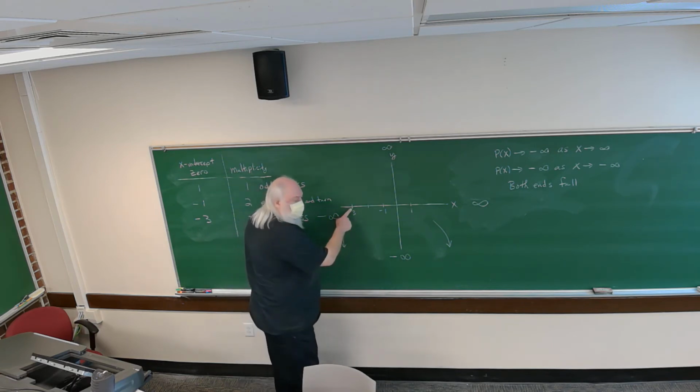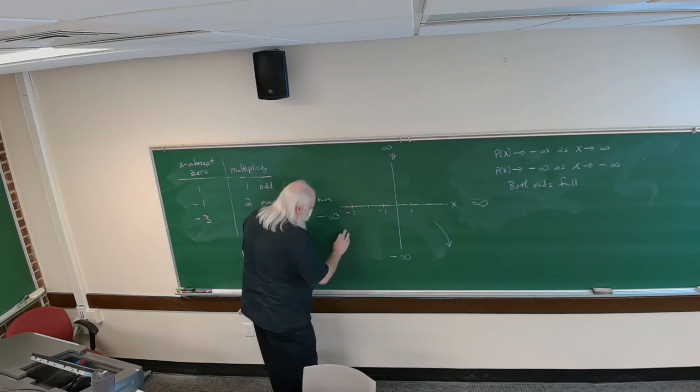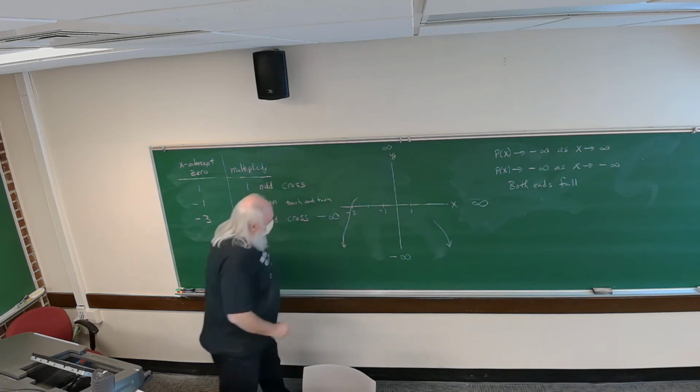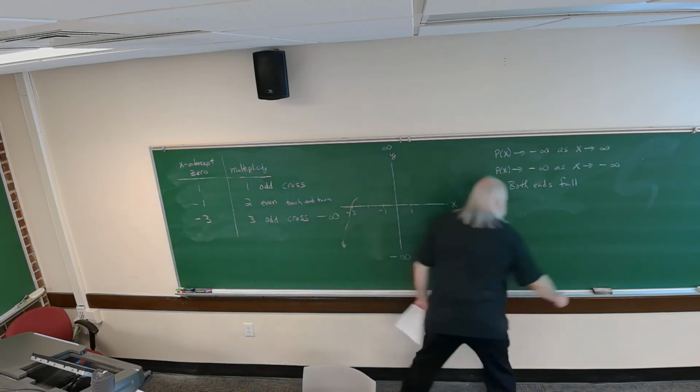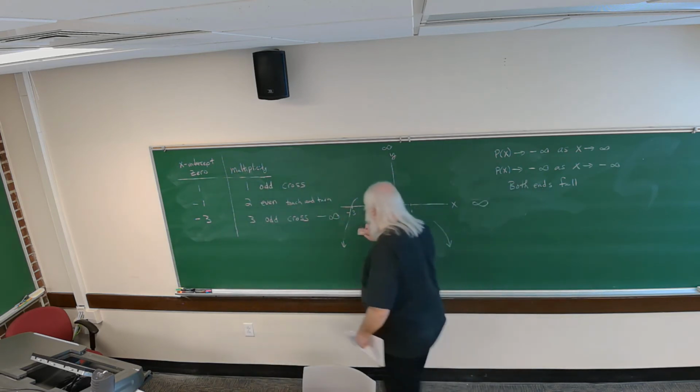Okay? All right. So at x equals minus 3, the multiplicity is odd, so we know the graph is going to cross the x-axis at x equals minus 3.